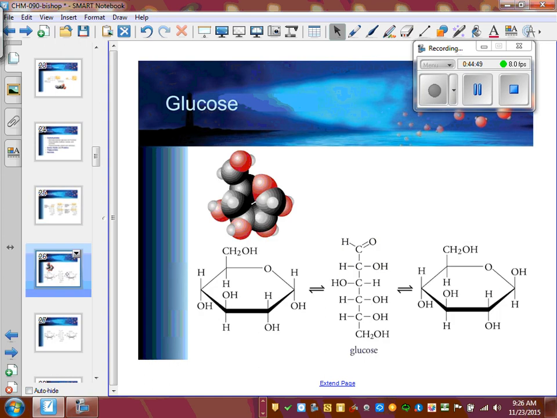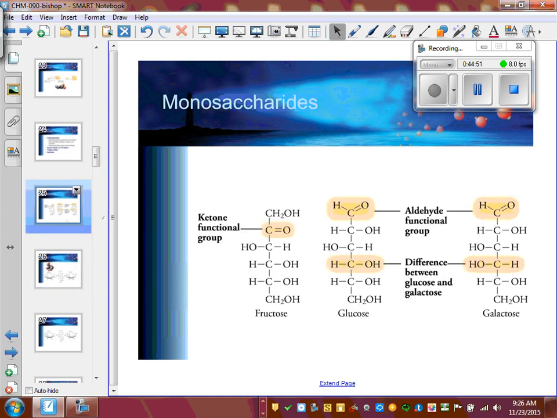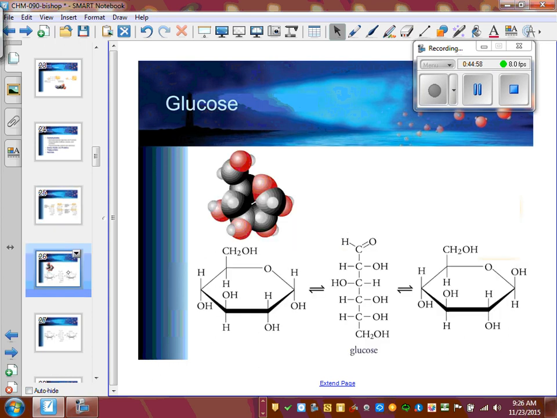Glucose, fructose, and galactose have these straight chain forms. They also have a ring form. So here's glucose.